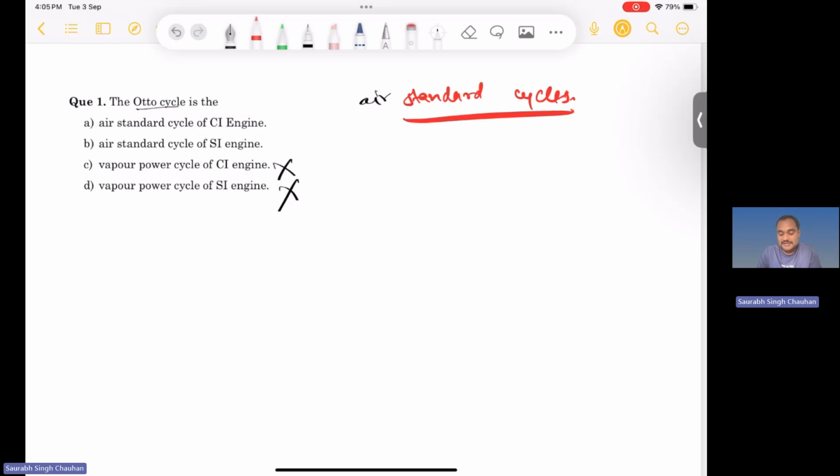These are simplified, standard cycles for the thermodynamic analysis of these engines, CI engine or SI engine, because the real cycle, the real process going on in these engines, is very, very complicated, and the analysis of those real processes is very, very difficult.